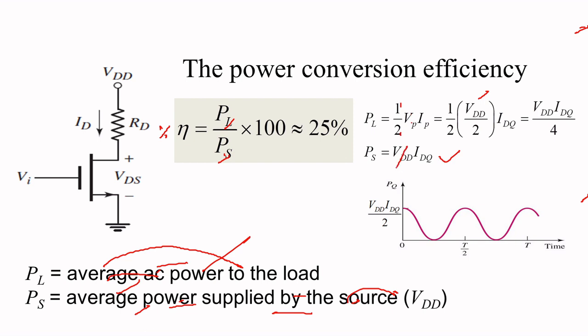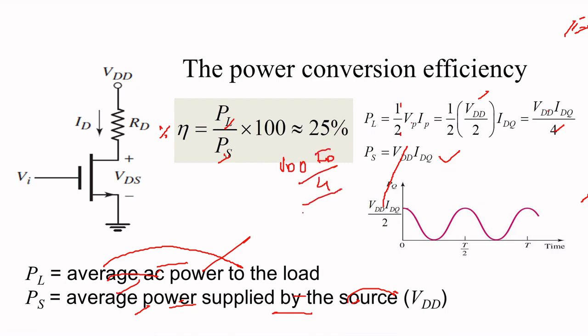You can see from here the peak voltage will be VDD and the peak current will be IDQ by 2. So the maximum AC power delivered to the load will be VDD IDQ by 2. When you substitute here, already you have 1 by 2, so you will have VDD IDQ by 4.